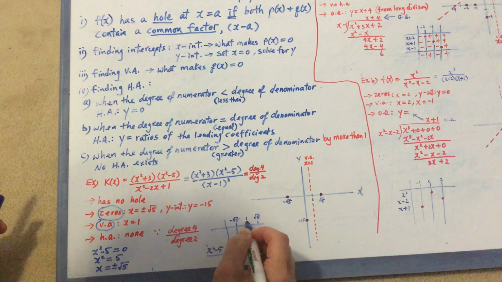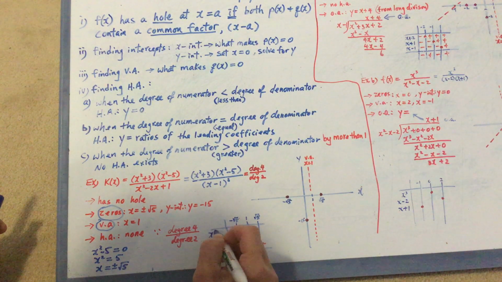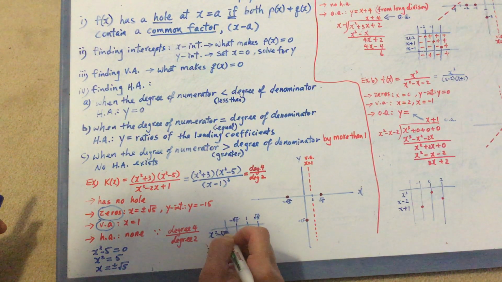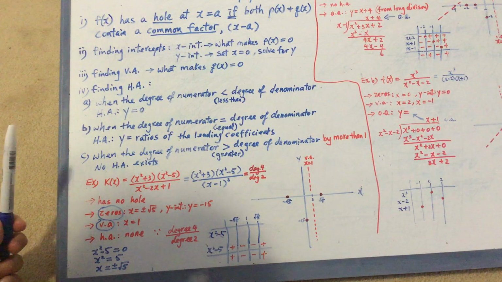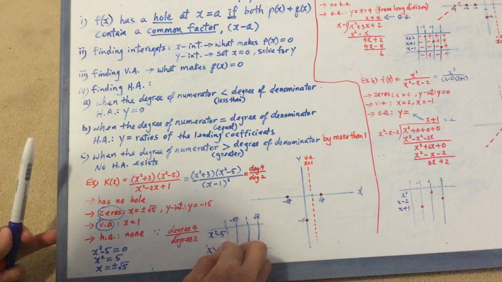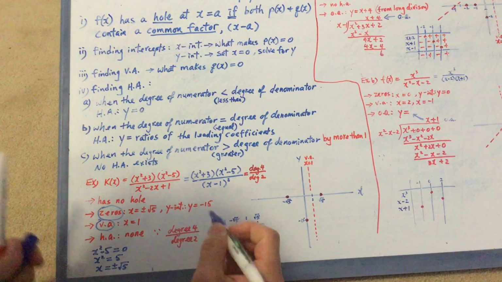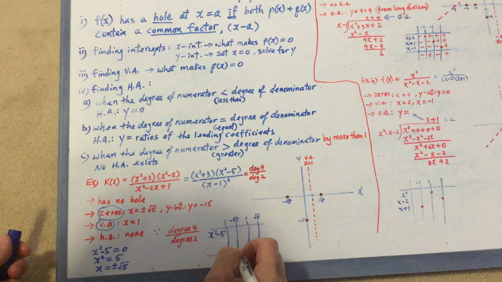I can also show you if I put in x squared minus 5 over here. But I will do it two different ways.